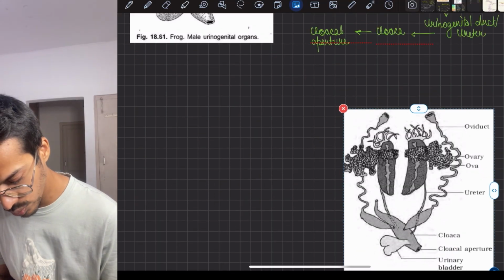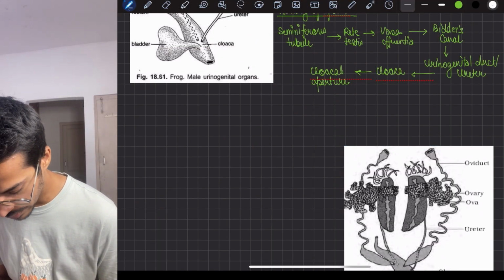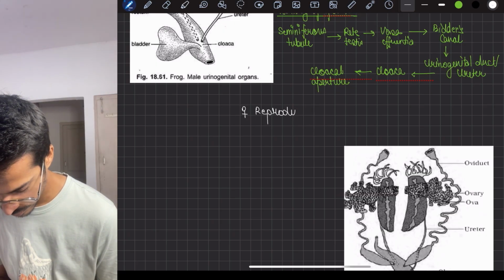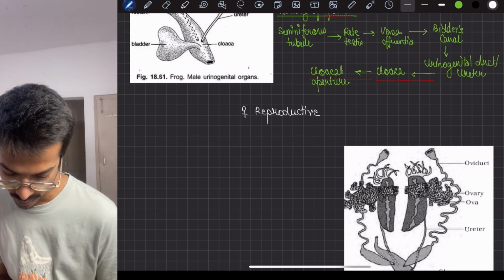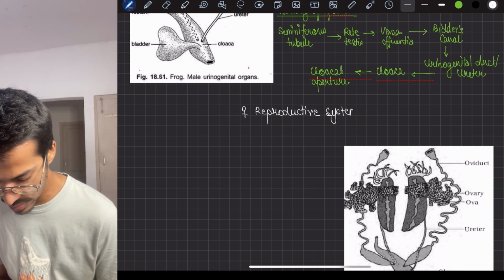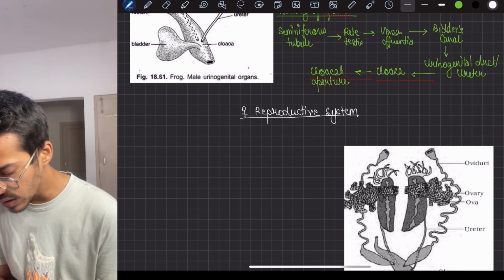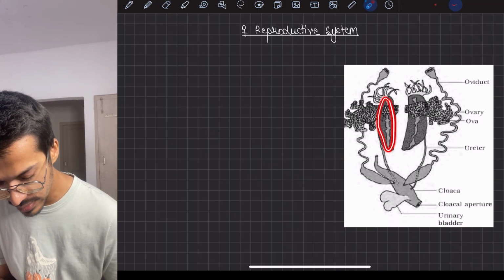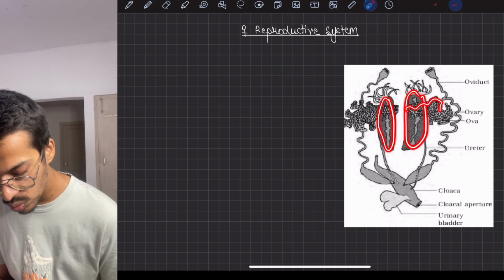So the next thing will be the female reproductive system. In the female reproductive system, if you will see, there is what? These are the kidneys. On the kidneys, there is presence of what? The ovaries.